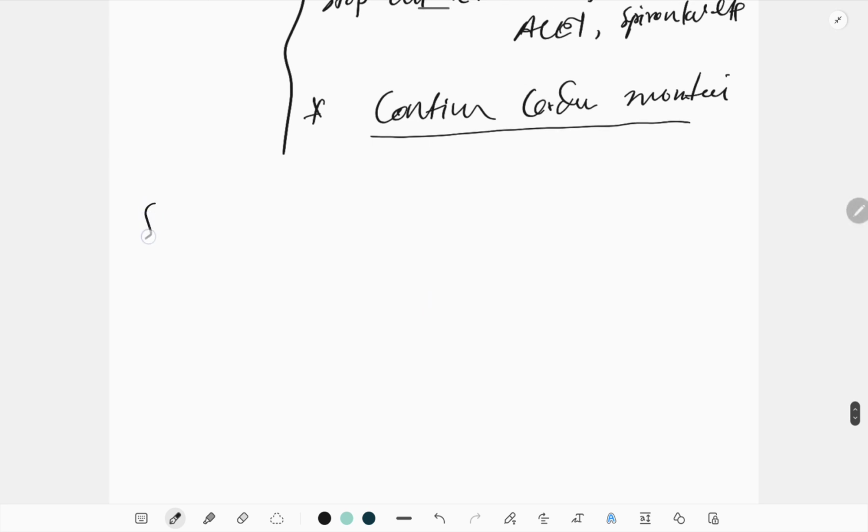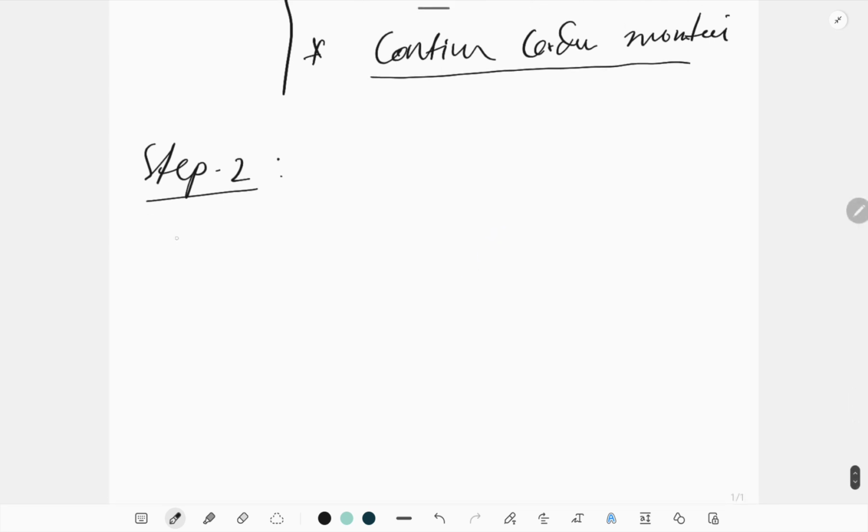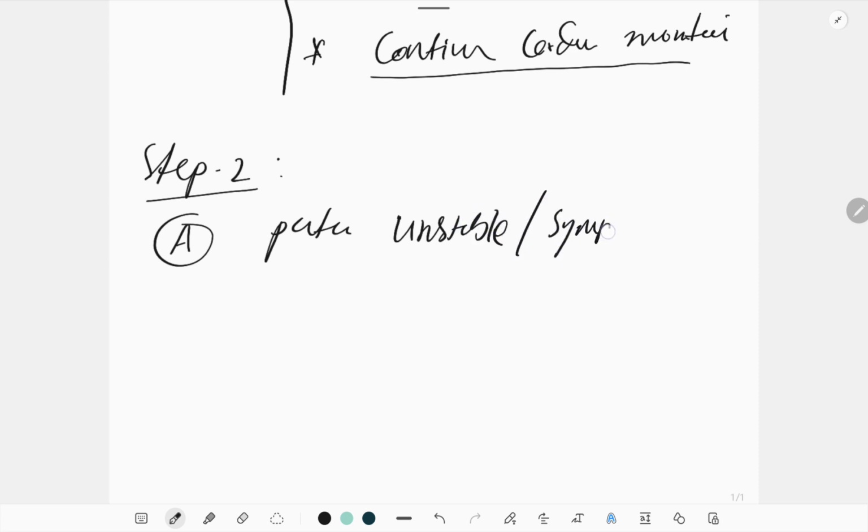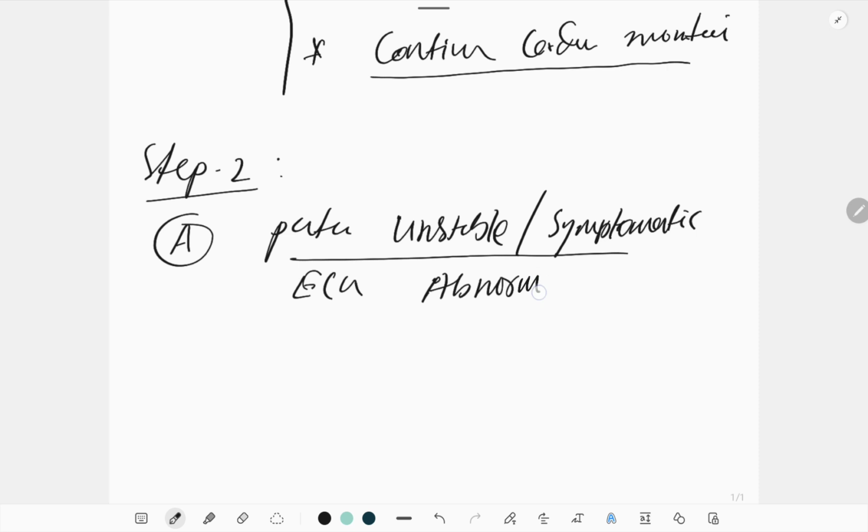Step 2. In step 2, we will categorize the patient with hyperkalemia into 3 categories: category A, B and C. So in category A, the patient is unstable or symptomatic, with ECG clearly abnormal.